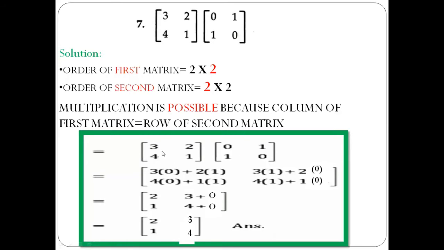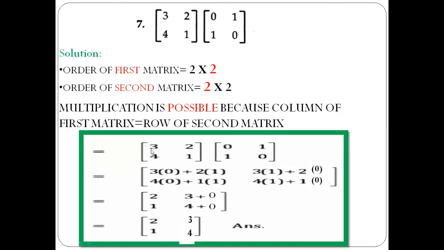Now multiply. The first matrix contains elements 3, 4, 2, 1 and the second matrix contains elements 0, 1, 1, 0. How will you multiply now? In the previous question, row 1 contained one element and column 1 contained one element, but here row 1 contains two elements and column 1 contains two elements. So we multiply the first element with the first and the second element with the second, and then add these two numbers.